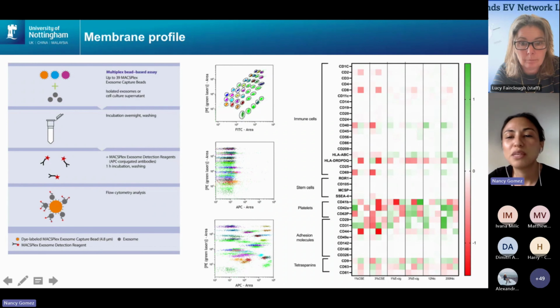So we saw some small, non-significant changes, and we can see that there was some downregulation of some markers and some upregulation of other markers. But again, here we only had an N of 3, and there could have been some variability between the volunteers that gave us blood for this part.